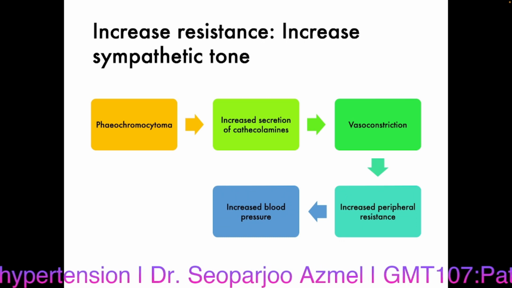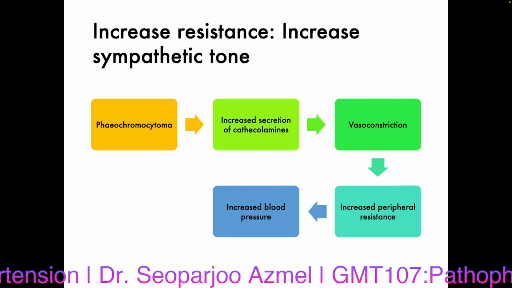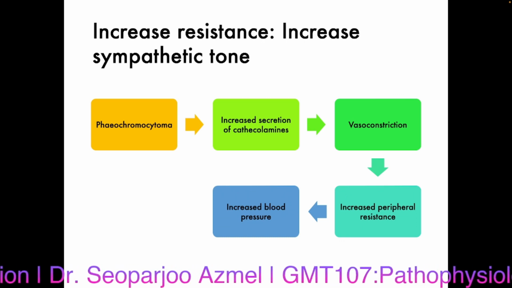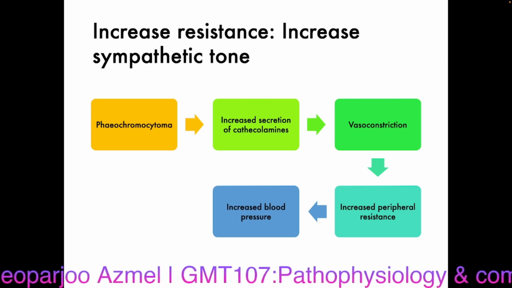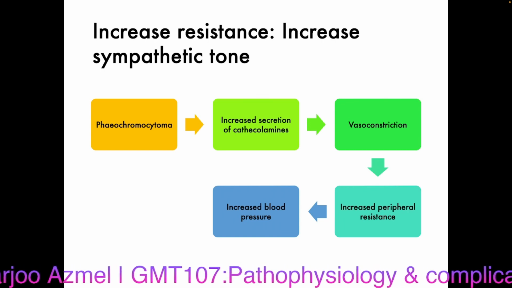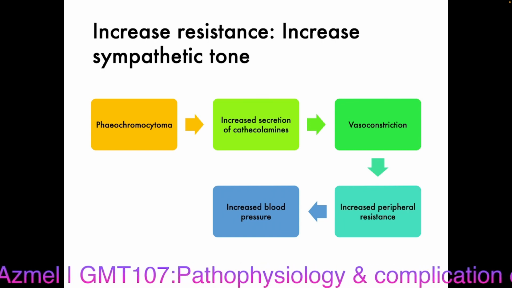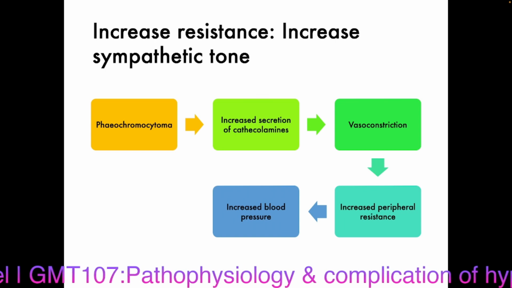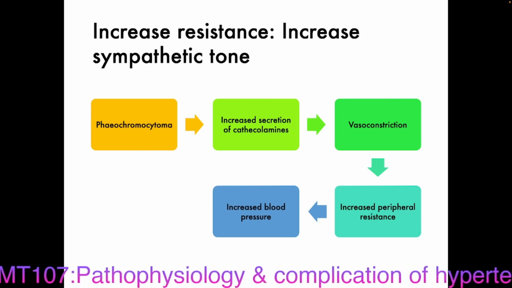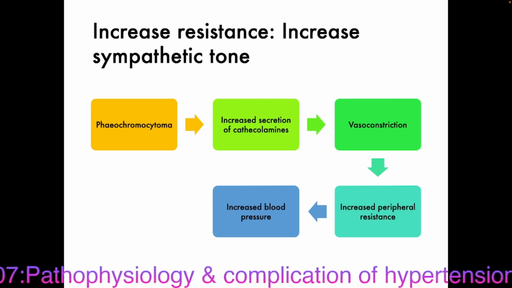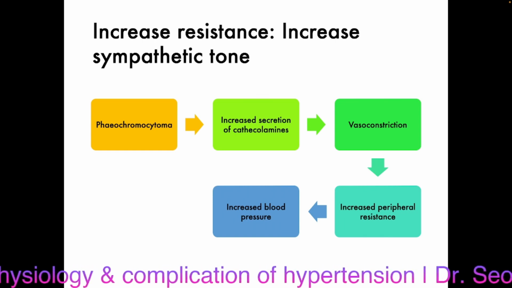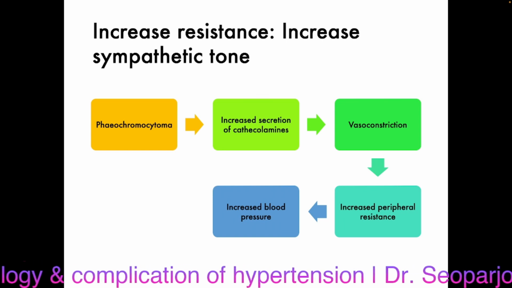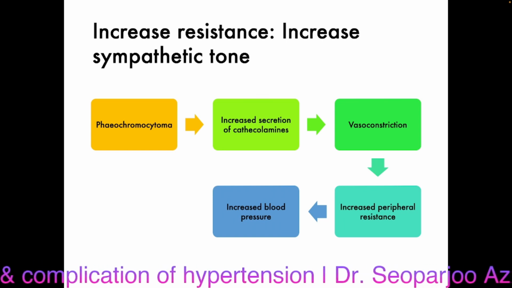For increased resistance, for example in cases of pheochromocytoma, there is an increase in secretion of catecholamines. Again, you can have a look back at the GMT202 lectures on pheochromocytoma. What does this do? The pheochromocytoma releases catecholamines which cause vasoconstriction. When there is vasoconstriction, it will increase peripheral resistance.